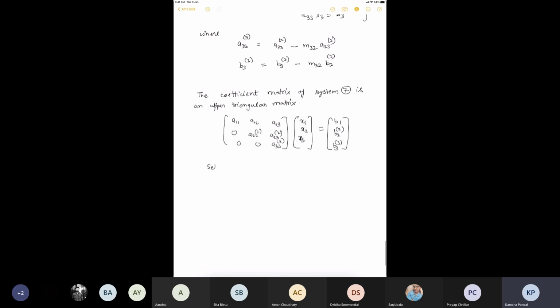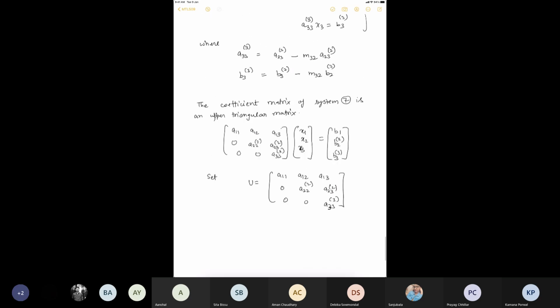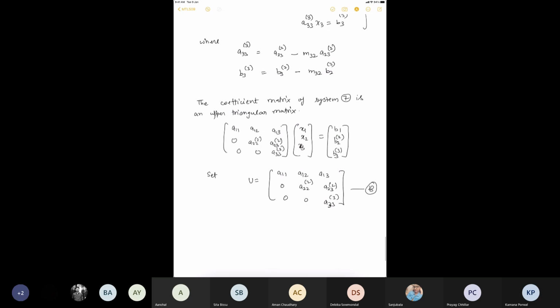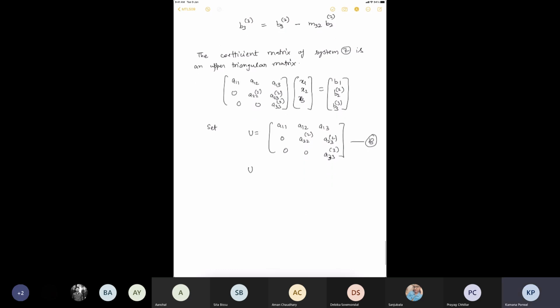So if we set this matrix as U, then basically I can write down the system as Ux is equal to G, okay, where G is this vector B1, B2, B3 with these correct indices.